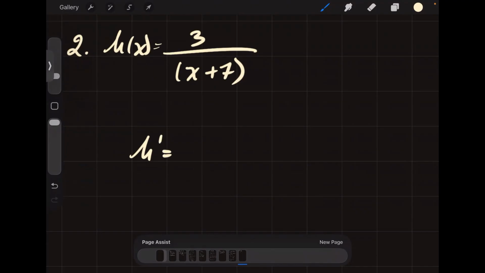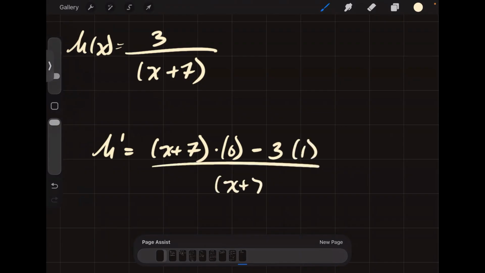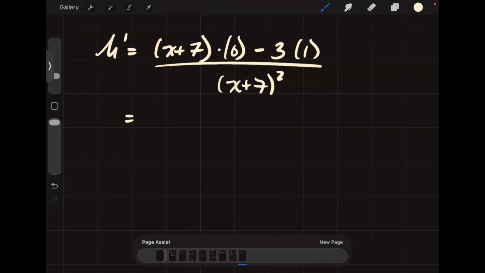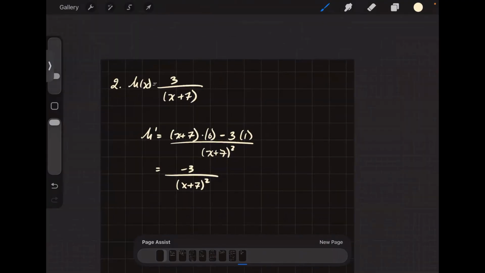It's going to be x plus 7 times 0 minus 1 all over x plus 7 squared, which should give you negative 3 over x plus 7 squared. Okay?